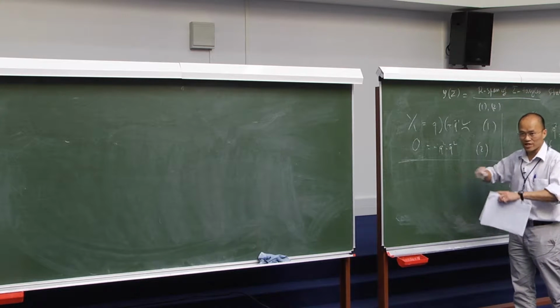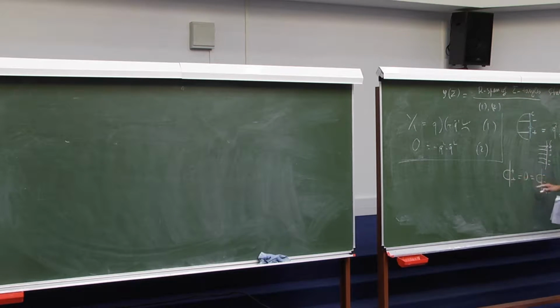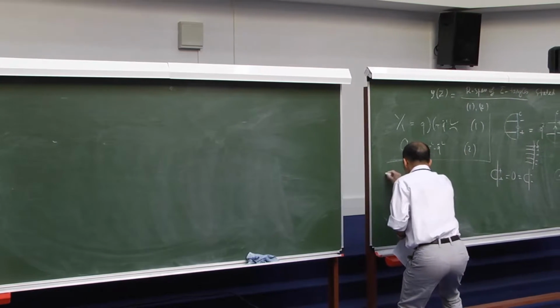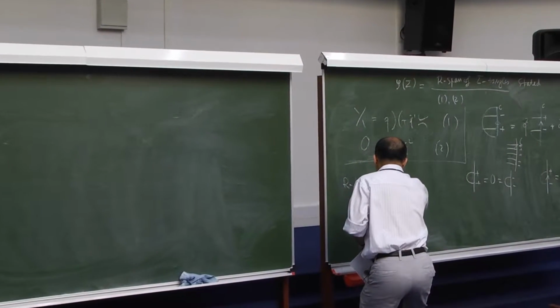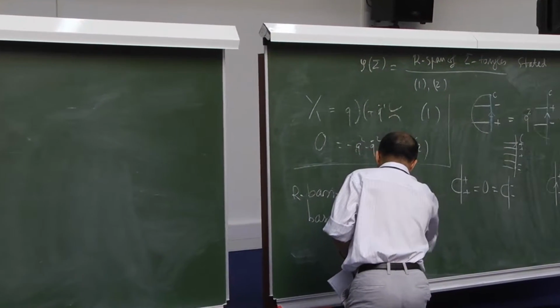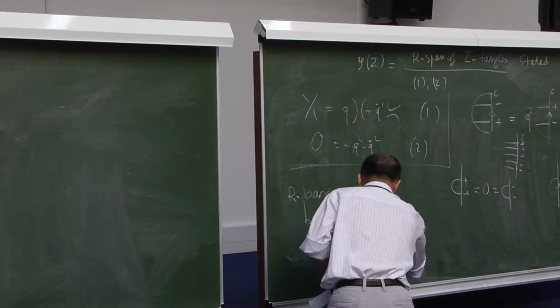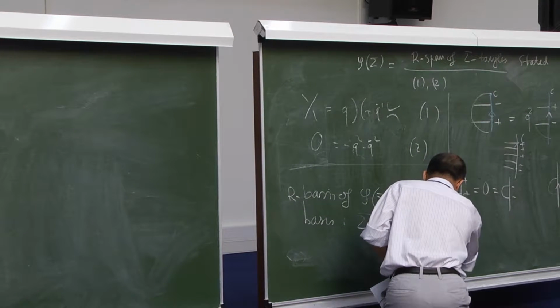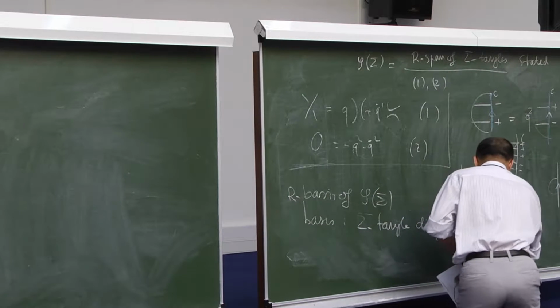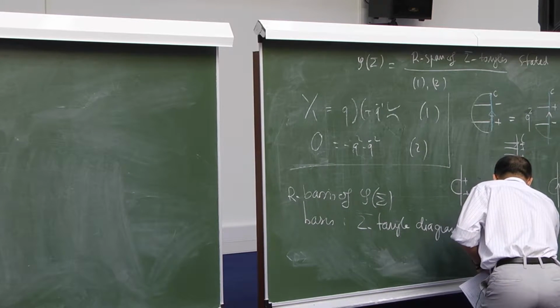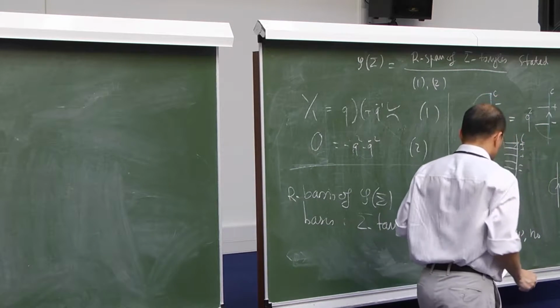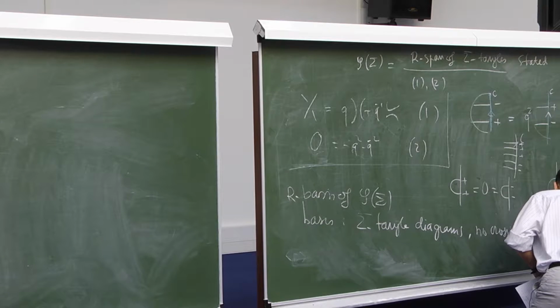Using this one here, you can remove all the trivial components, and this one here, you can remove all the trivial components. So an R basis of this skein of sigma is given by sigma tangle diagrams, with no crossing and no trivial components.